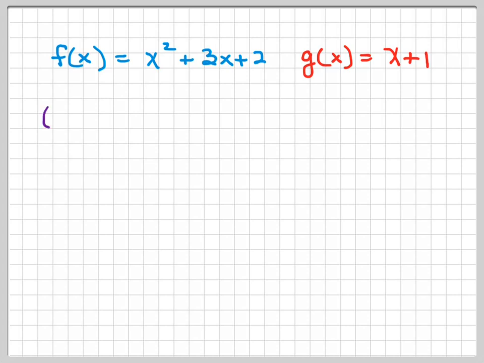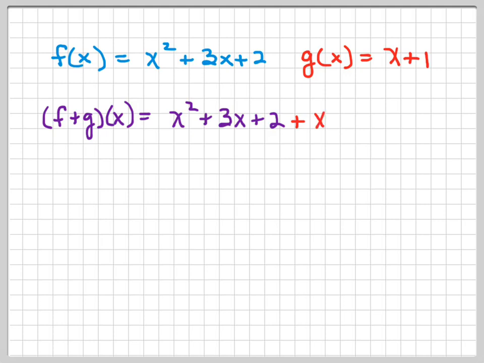Let's do a sum of two functions first. Let's say I get f plus g of x. That means to add function f with function g. So mathematically it looks like this. There's function f, and I'm just going to add on function g. Then I combine any like terms, and I get x squared plus 4x plus 3. So there is the sum of those two functions.